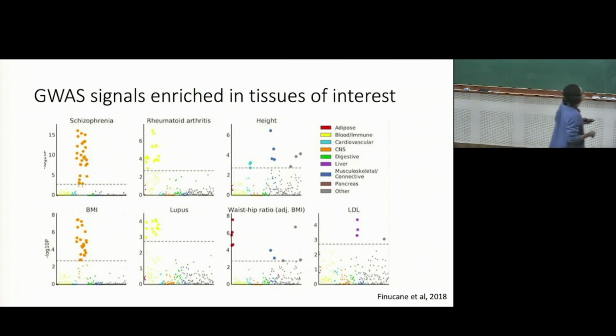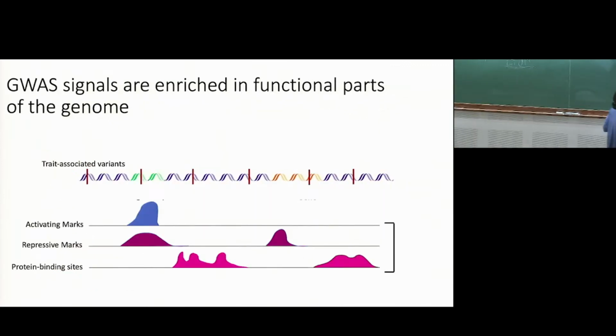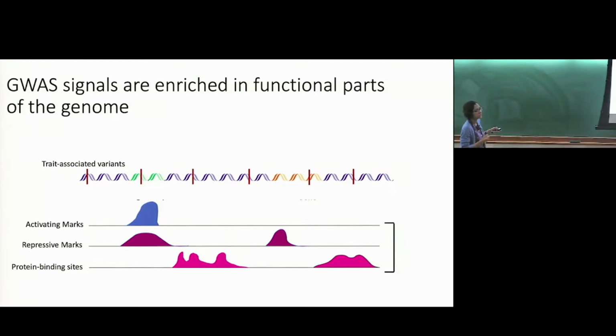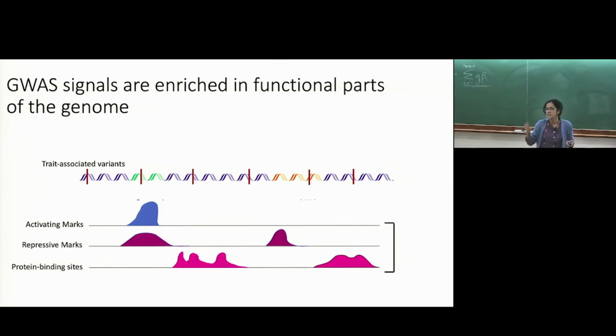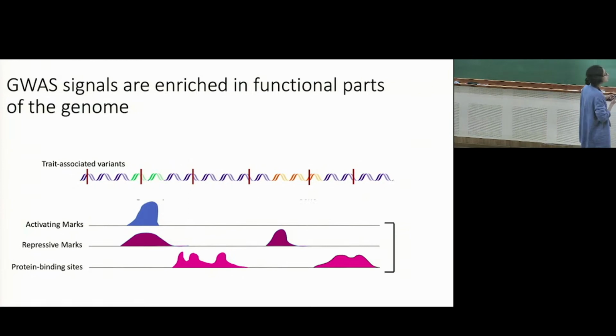Okay, so what we also see is, I'll go through this again. Let's say these are all of the signals that you find in a GWAS, right? There are other studies, these are called epigenetic studies, functional genomic studies, which try and measure which parts of the genome are active, okay? So let's say you take a liver cell, you do an experiment called a ChIP-seq, which essentially uses antibodies to pull down histones with a certain modification, and you have atlases, right?